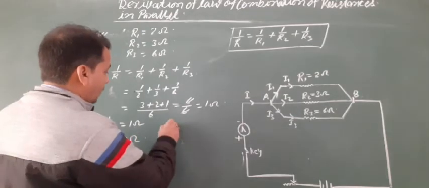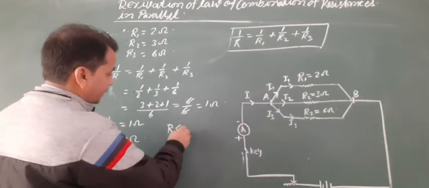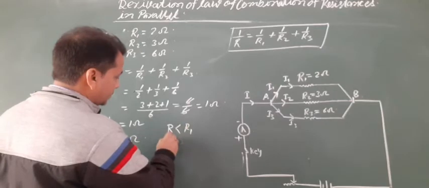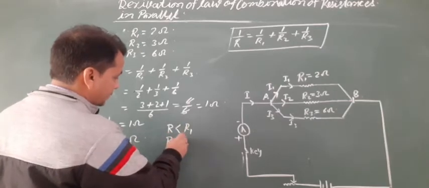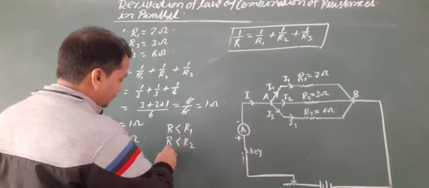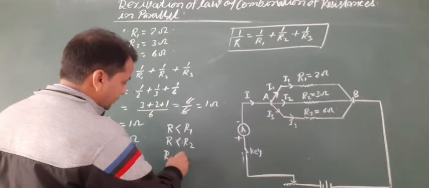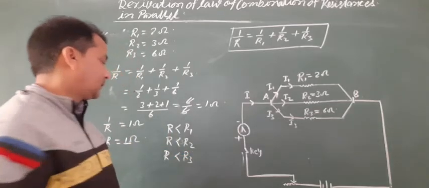Then R is less than R1, R is less than R2 and R is less than R3.